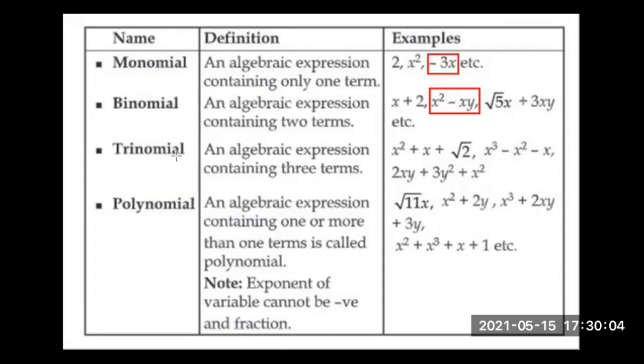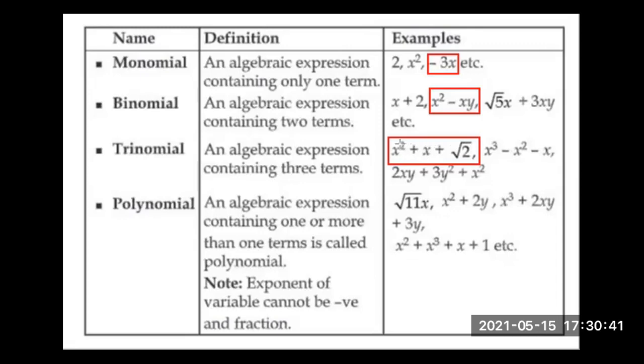So next we'll move to our trinomial. Trinomial means any expression containing 3 terms at a time. Let's see the example. I am selecting x square plus x plus root 2. The first term is x square, the second term is x, and root 2 is the third term. Here you can identify whether this is a constant, linear or quadratic polynomial.